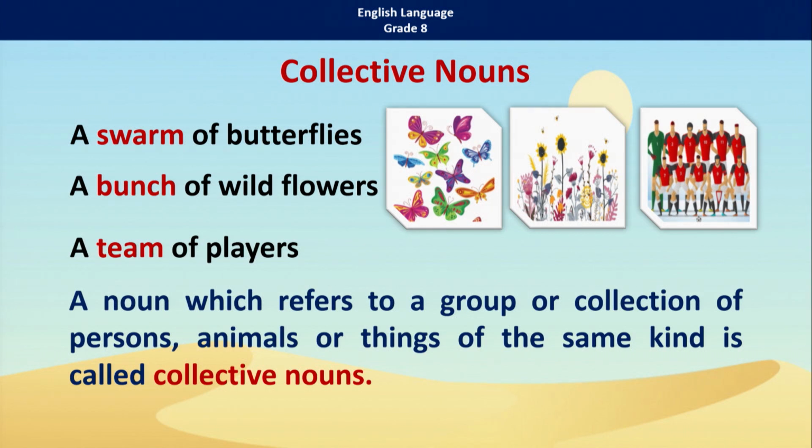A swarm of butterflies. There we have all animals, right? Butterflies. Bunch of wildflowers, things together called a bunch. Team. There we have a group of people, right? So all these highlighted words can be called collective nouns. Swarm, bunch, and team.